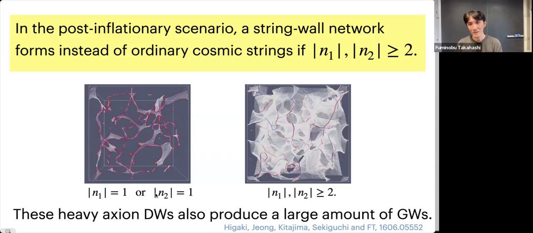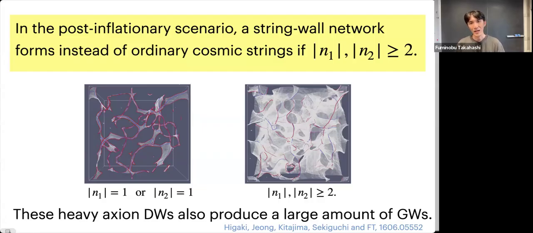On the other hand, if N1 and N2 are greater than or equal to 2, then instead of forming string bundles, we found that a string wall network remains. And in the first case, when string bundles are formed, the subsequent evolution is the same as ordinary cosmic strings, but in the other case, it's very different. Instead of strings, we are left with a domain wall network.